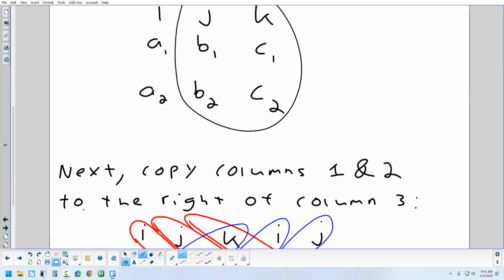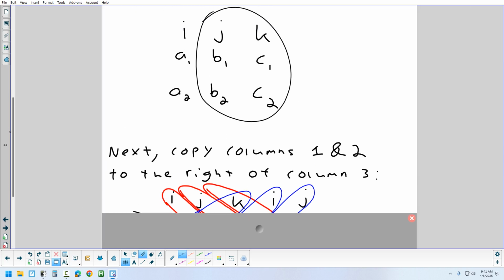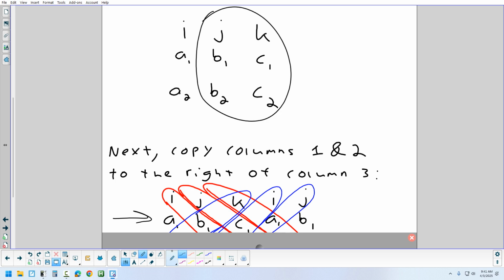All right. So we have I, J, K, and then we're going to copy over the I and the J. We have A1, B1, C1, and then we're going to copy over A1 and B1. And we have A2, B2, C2, and we're going to copy over the A2 and the B2.